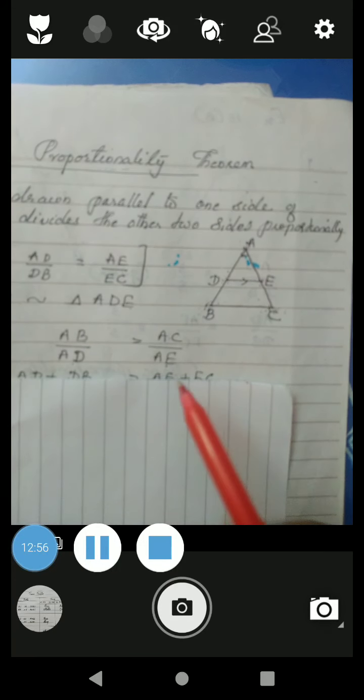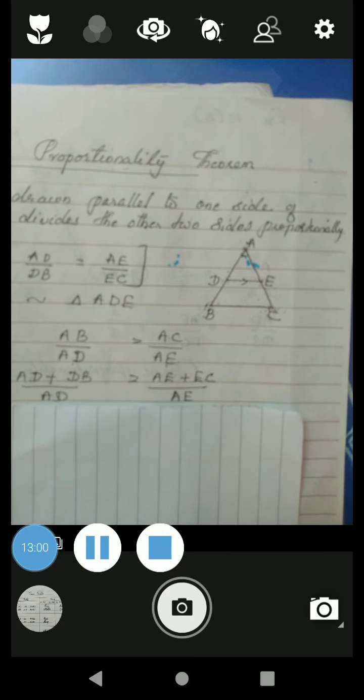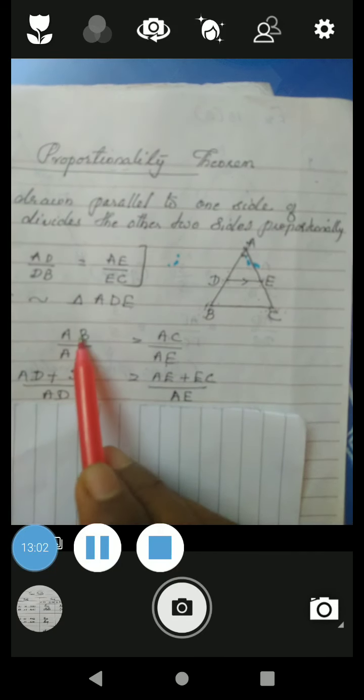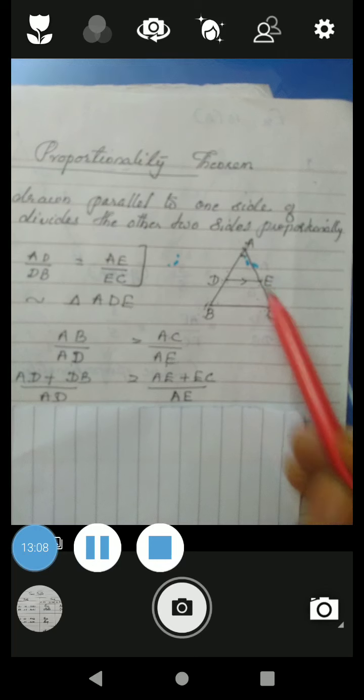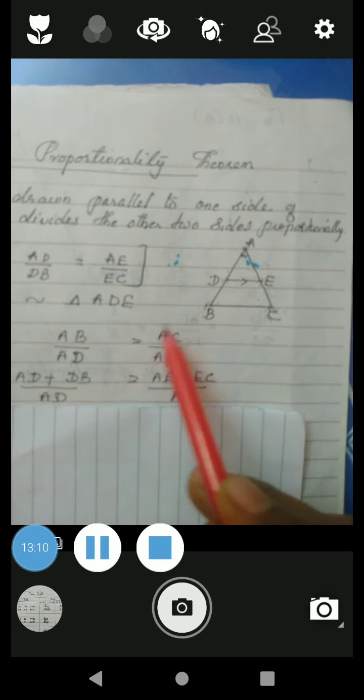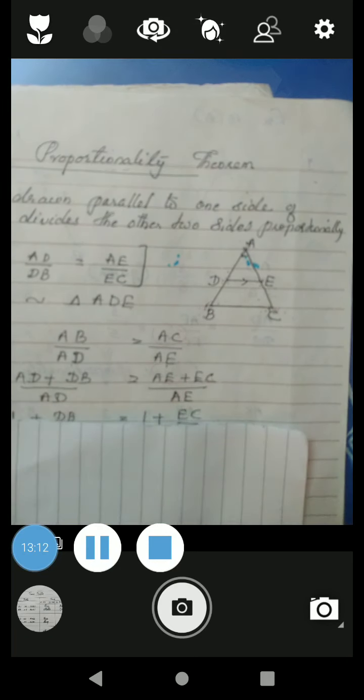Look, since ADE and ABC are similar, corresponding sides are in proportion. That is AB by AD equal to AC by AE. Actually, AB is equal to AD plus DB, and AC is AE plus EC. Now we can split these like this.